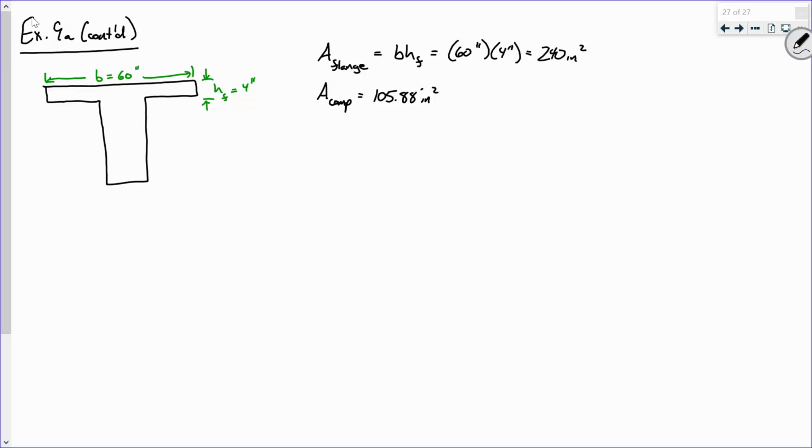It's going to be completely in the flange. In fact, it's probably going to be something about like this, right? Like my region in compression is probably going to be something like that. Yeah, it's really easy to compute, right?